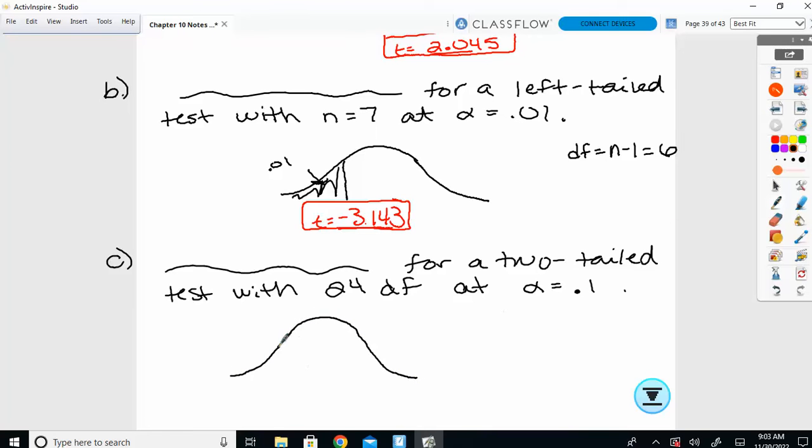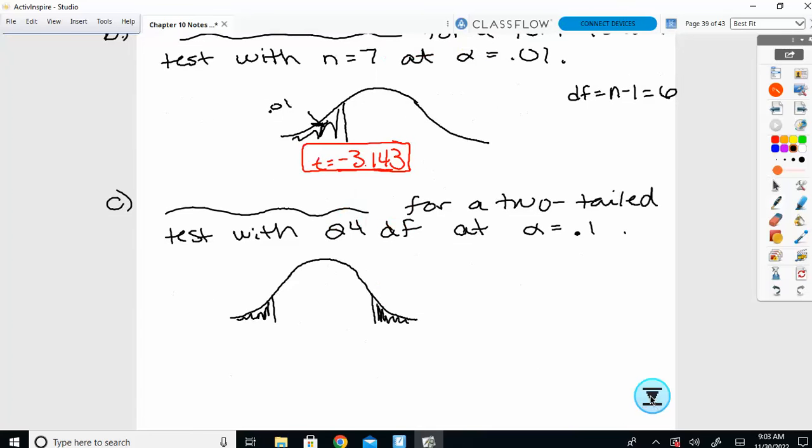So if it's two-tailed, that means you have to find two t-values. What would be true about both of those? They're the same except one's positive and one's negative. If my alpha is 0.1, I have to divide that between the two tails. So each one actually has a probability of 0.05.